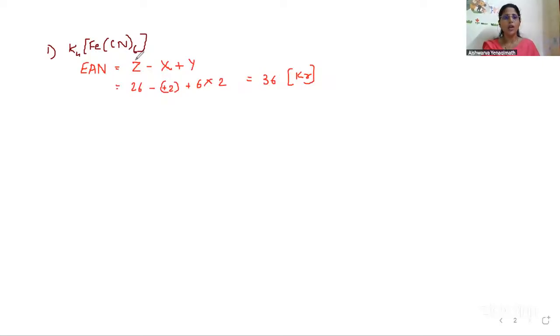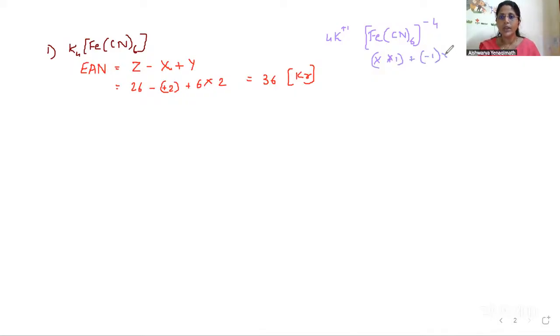Now the question arises: how to find the charge on the metal atom? You want to calculate the charge. See, K4[Fe(CN)6], how does it split? It splits as K plus and [Fe(CN)6] with minus 4. You want to calculate the charge of Fe. So let me keep Fe as X, X into 1, one Fe atom, plus CN, what is the charge?